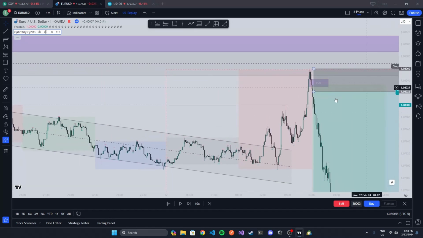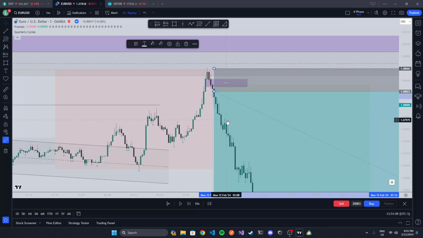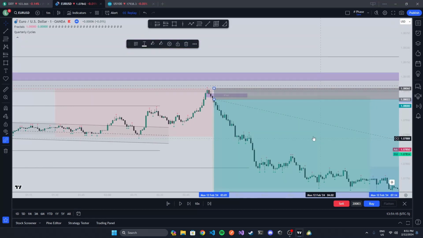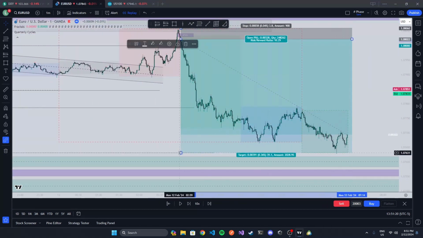Now, since I was biased towards sells today, the moment I saw this inverted fair value gap form, I knew that there was some kind of rejection towards this area, and just entering a market entry, throwing in 1% of your risk and just letting it ride all the way down to your take profit, which was this liquidity area.